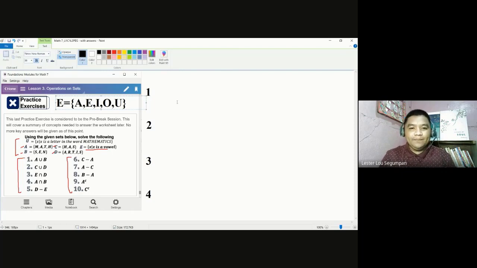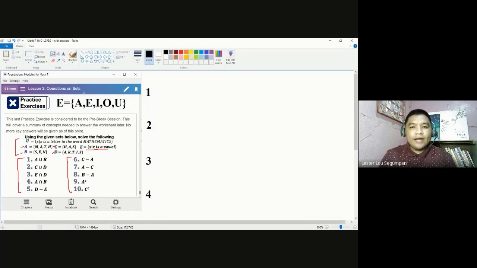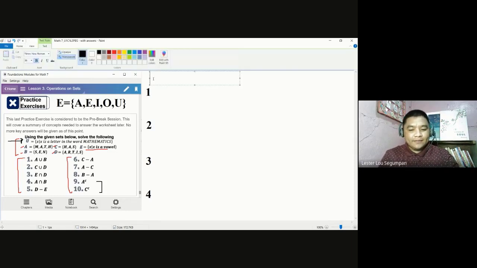Aside from set E, we also need to consider writing roster form for our universal set here. Why? When you reach number 9 and 10, it's important for us to determine first the universal set before operating the 9 and 10. So we are going to write here a universal set, and a universal set is a set containing the letters in the word mathematics. Make sure that there should be no duplication.